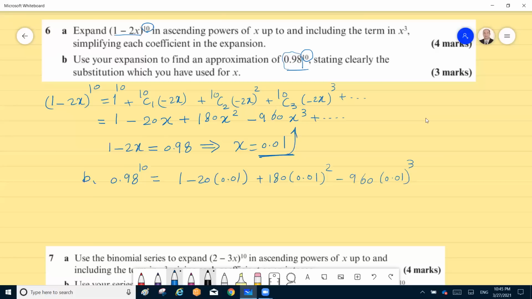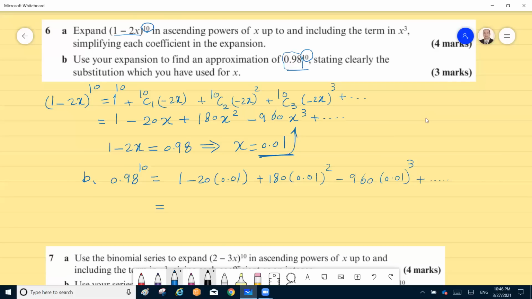And you can see clearly now, no need to write the next terms because their value will be very, very small, a trivial amount. So it's enough to write this value as a good approximation for the value of 0.98 to the power of 10.